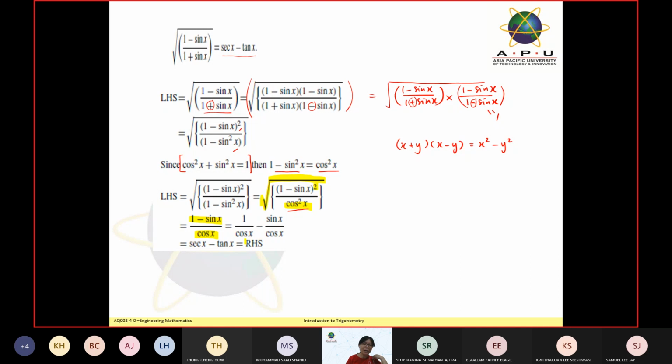Now, we take 1 over cos x minus sine over cos. 1 over cos is actually secant x, and sine over cos is actually tangent. Then I can show that it equals secant x minus tangent x.